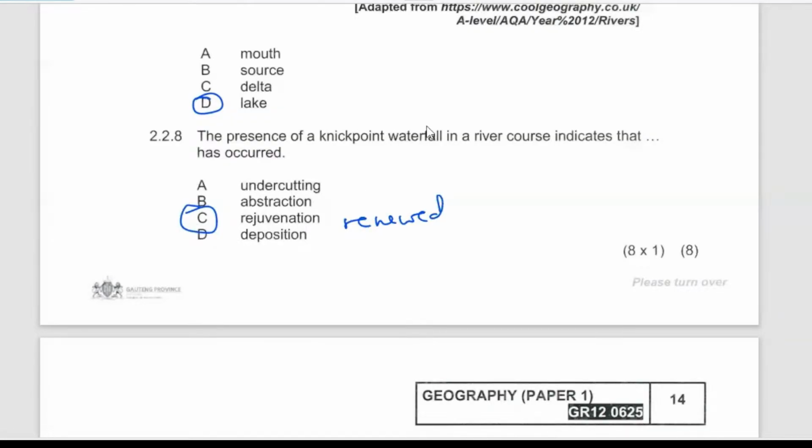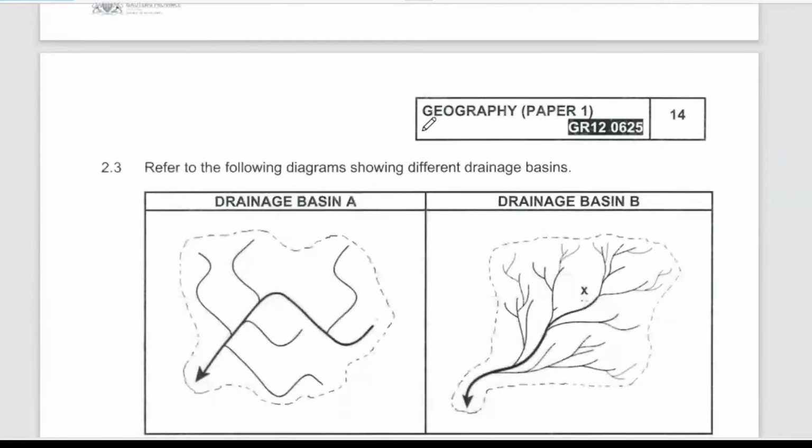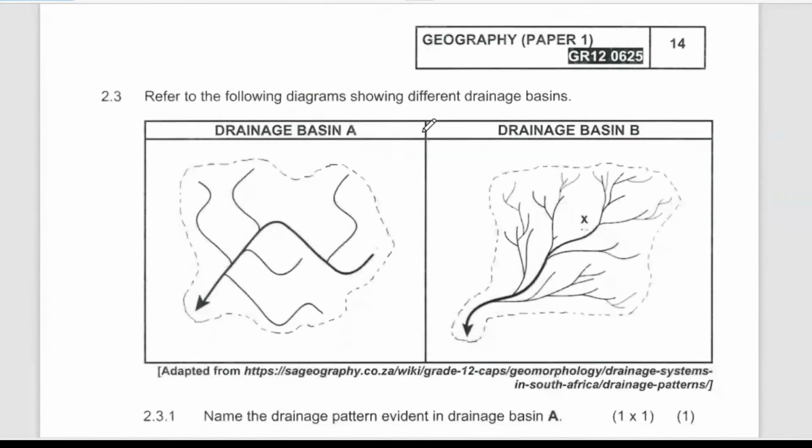And as it erodes, if it reaches a point where there is a hard and resistant rock, it will fail to erode it effectively, and there will be the formation of the nick point waterfall. So it's because of rejuvenation that the river has the presence of the nick point along the river channel. Right, moving on to the next question, which is question 2.3.